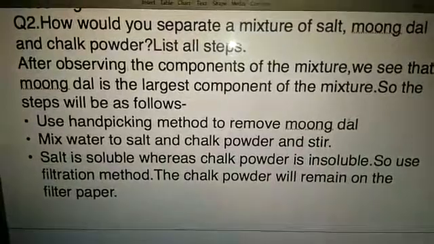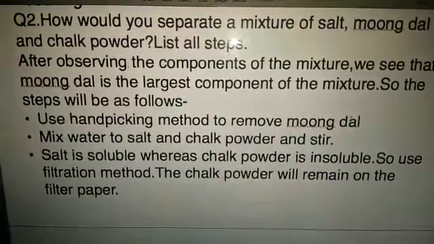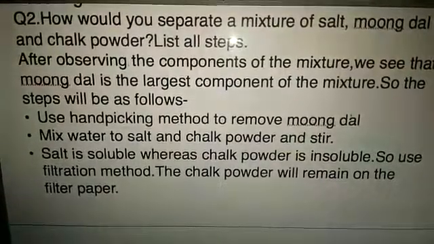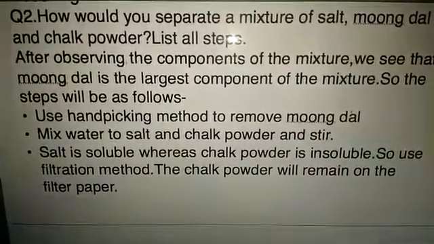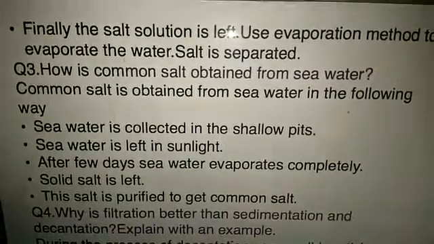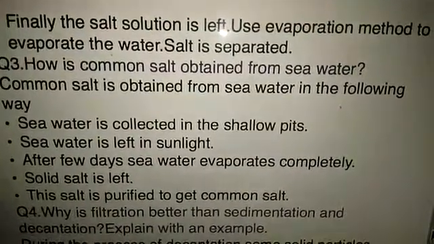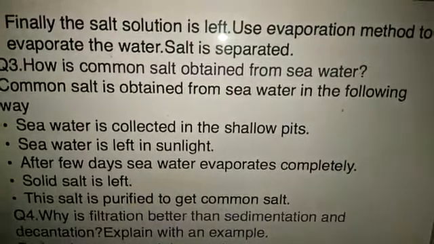Second point, mix water to salt and chalk powder and stir. Third point, salt is soluble whereas chalk powder is insoluble. So use filtration method. The chalk powder will remain on the filter paper. The last point, finally the salt solution is left and we will use evaporation method to evaporate the water and then the salt is separated.